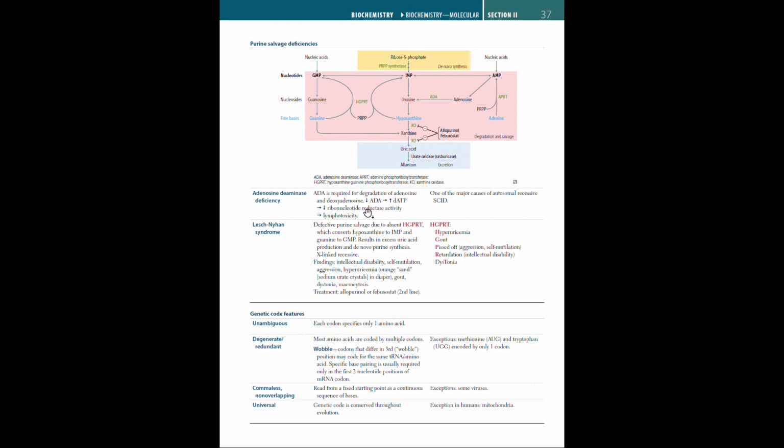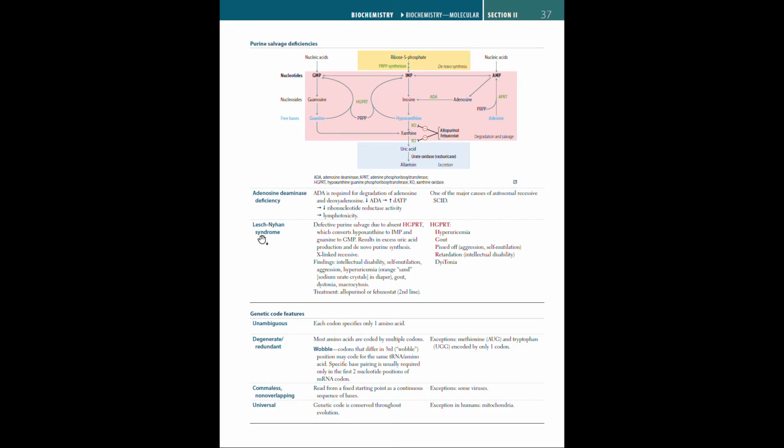And here you have a decrease in ADA that will cause an increase in dATP and hence a decrease in ribonucleotide reductase activity and lymphotoxicity. So it is one of the major causes of autosomal recessive severe combined immunodeficiency, SCID.